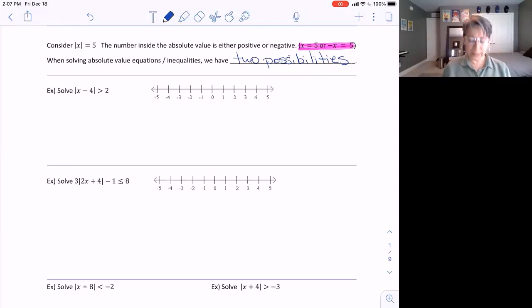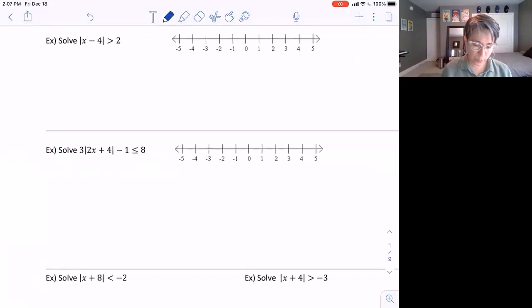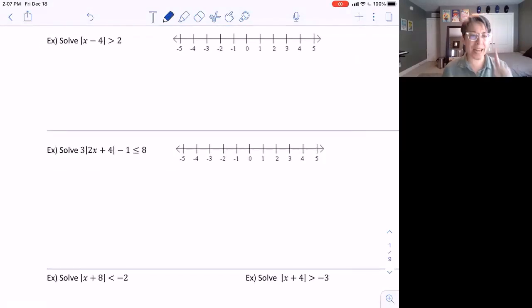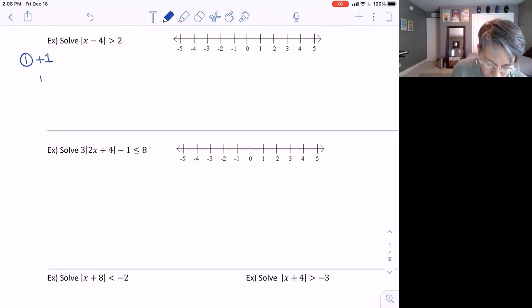Okay, so let's take a look at this example here. We're going to look at it algebraically first. We want to solve the absolute value of x minus 4, that quantity being greater than 2. Our first option is that the inside is the positive version. So we can think of it as distributing a +1 to the inside, and that being greater than 2.